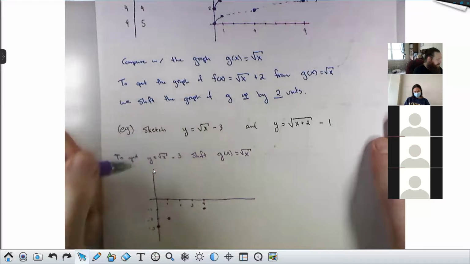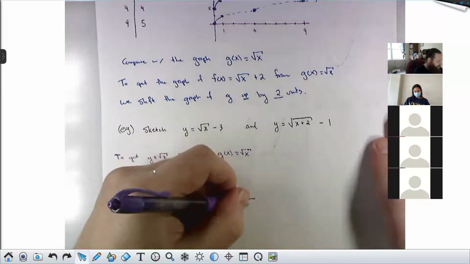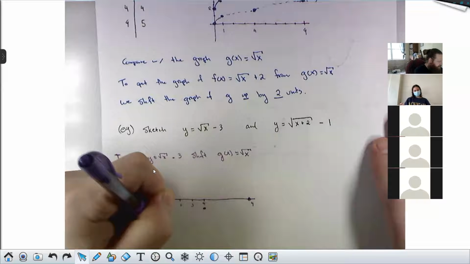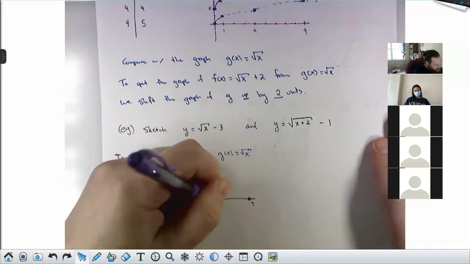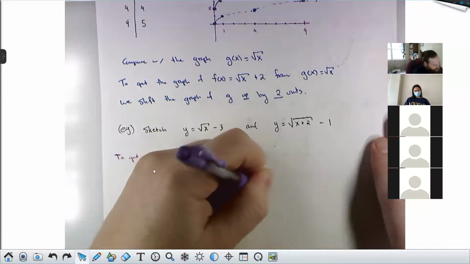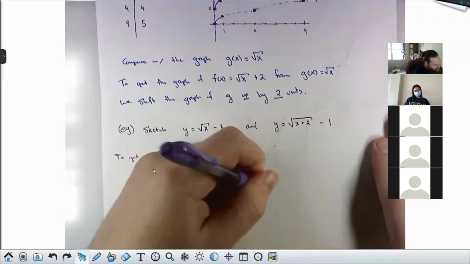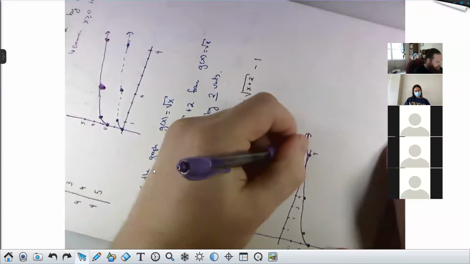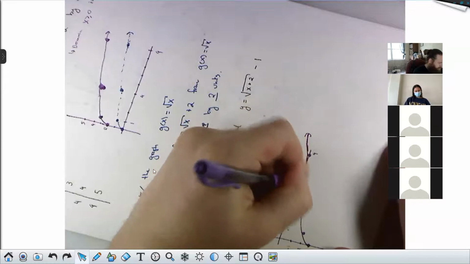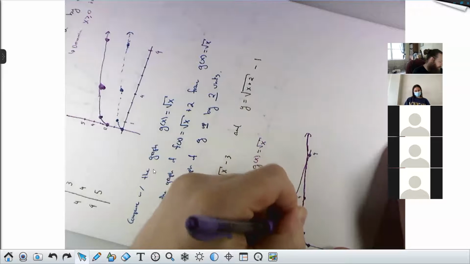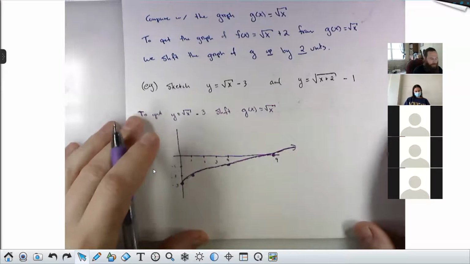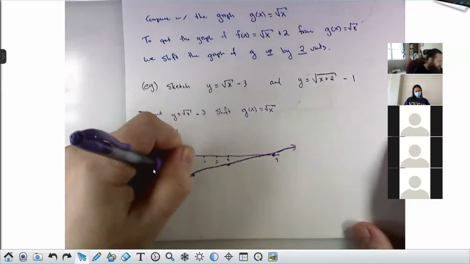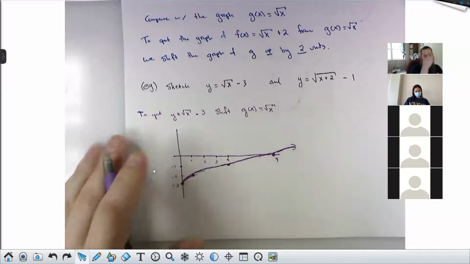And (9, 3) is going to go down to (9, 0). So this curve is going to look like this. It doesn't have to be perfect, but there you go. It's that same basic square root shape, that half of a sideways parabola, just shifted down.